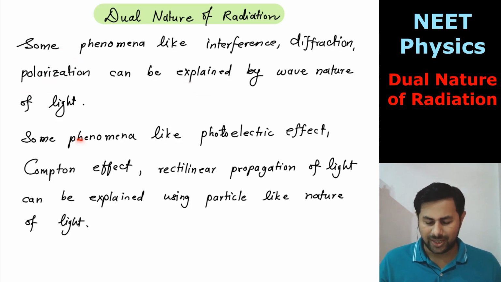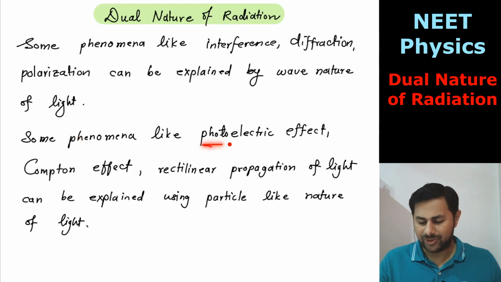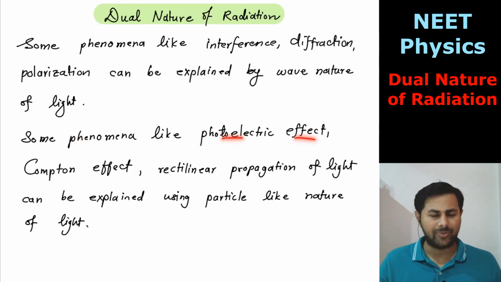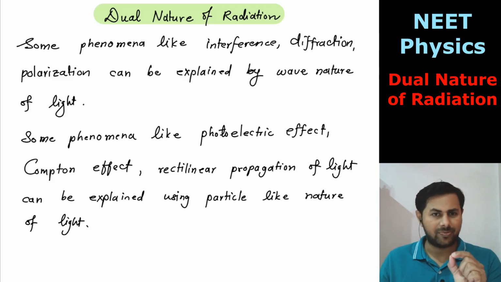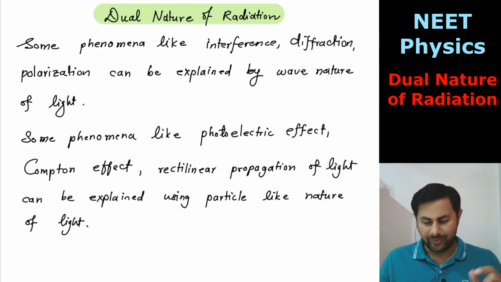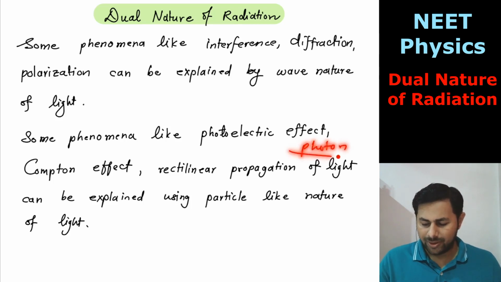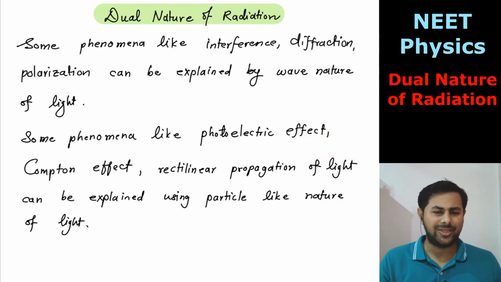And in this chapter we have seen that the photoelectric effect cannot be explained using the wave nature of light. You need to think of light as particles or packets of energy, called photons.